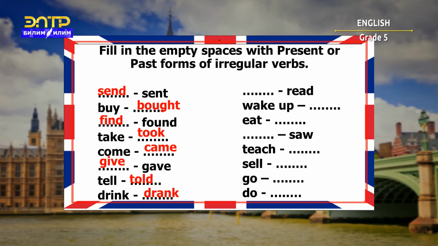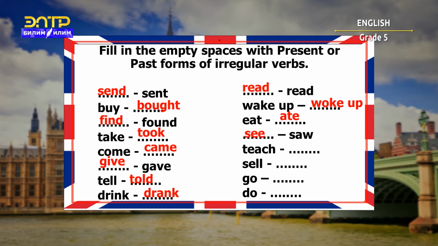Don't forget about this verb. We write it in the same way, but we pronounce it in a different way. Read, read. Wake up, the past form is woke up. Eat, ate.